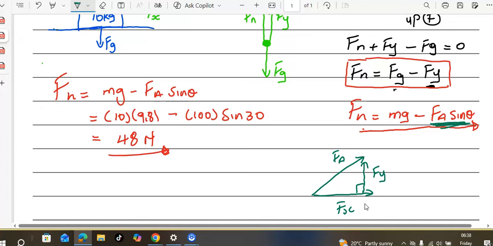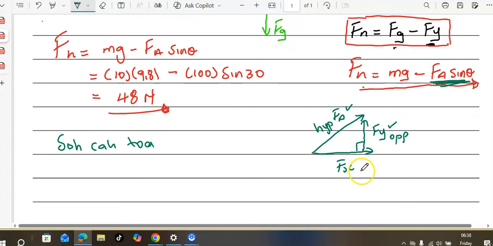What I'm looking for is Fy, and I have Fa. So I have the opposite and the hypotenuse. If I use SOHCAHTOA, now we're going to maths. SOHCAHTOA tells us that the sine has the opposite and the hypotenuse.